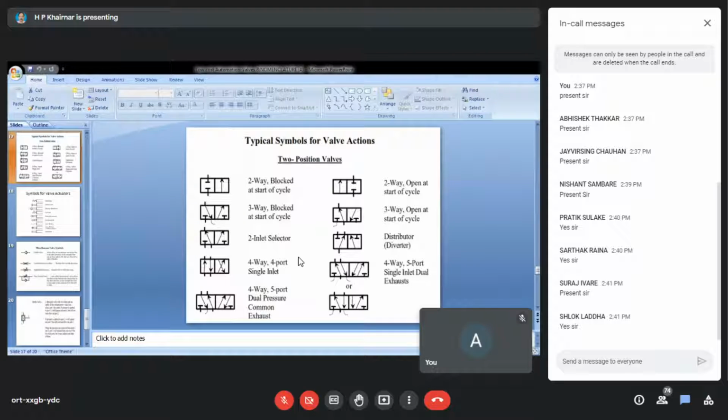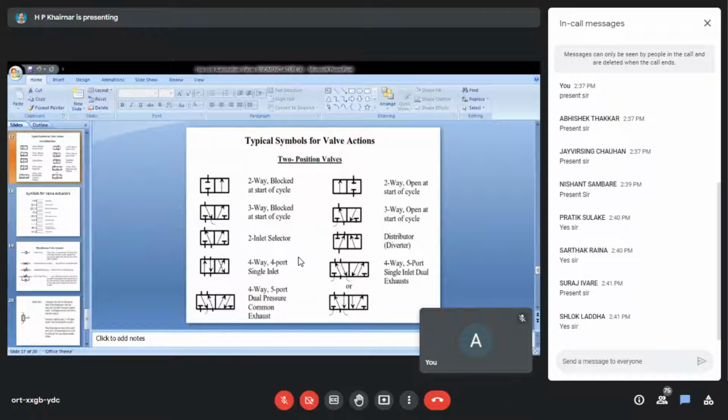Next, the distributor. This is a slightly different thing to understand. Later on, in the simulation or in a video, I will also inform you about this. A distributor distributes the air, or delivers the air with the same pressure. A distributor may have 4, 5 or 6 ports, and from any of the ports you can supply air.